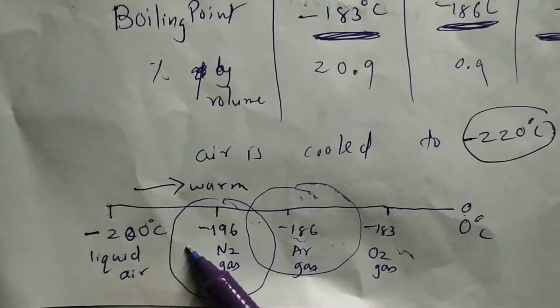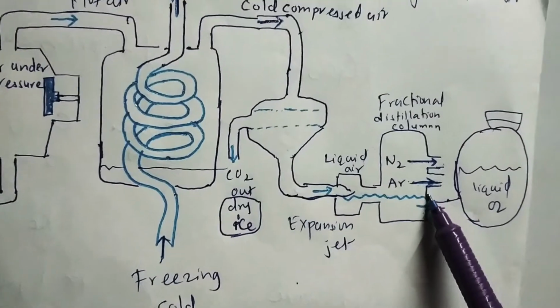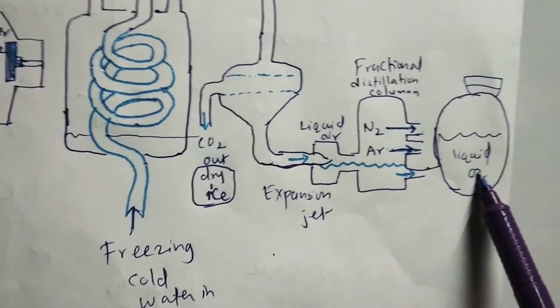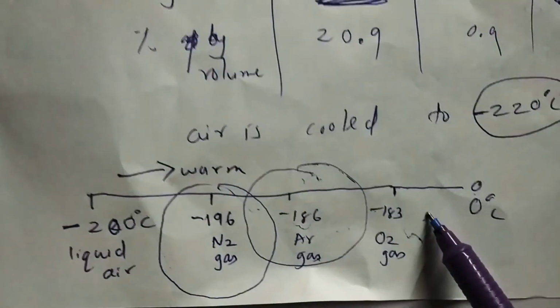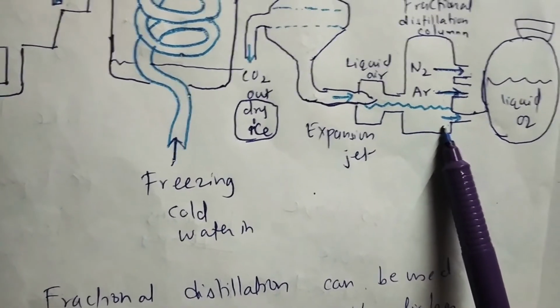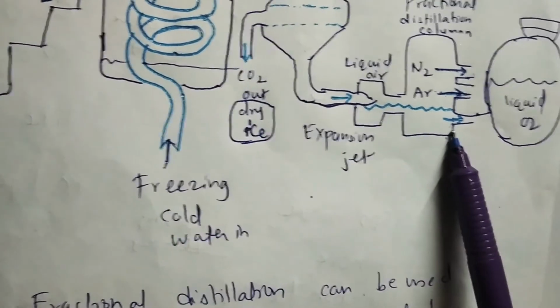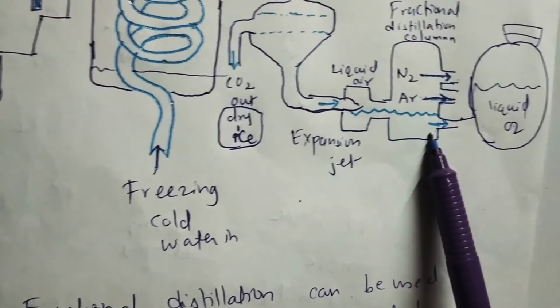So both these gases will come out at -186, but the oxygen will be in liquid state, because oxygen becomes gaseous at -183, but the temperature is -186. So at -186, these two gases are in gaseous state, but the oxygen is in liquid state.